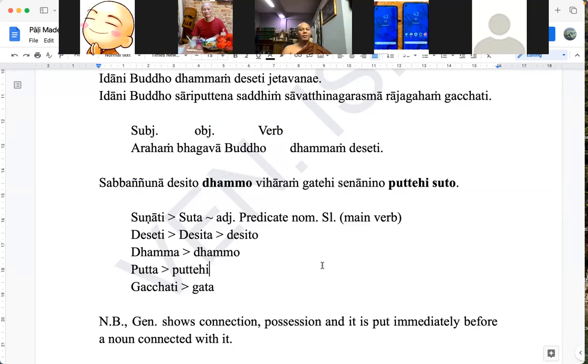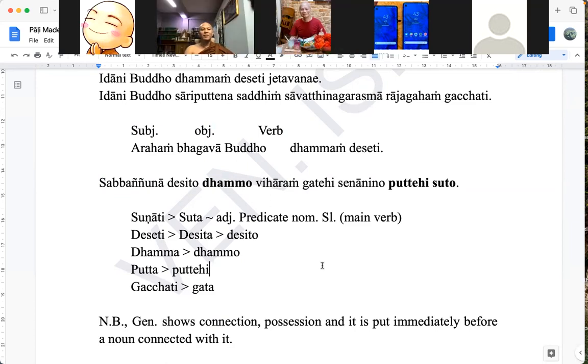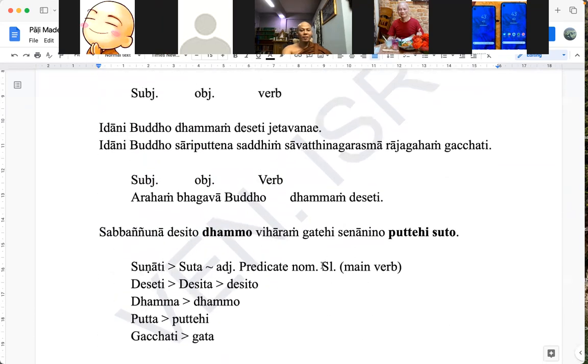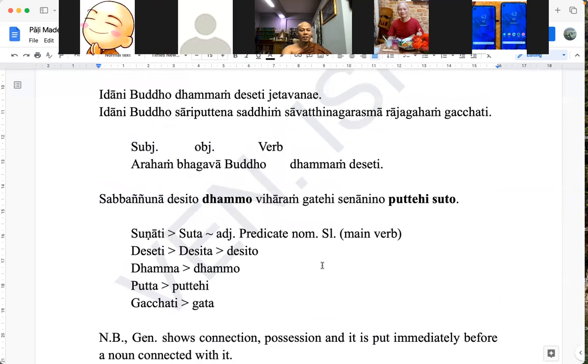Like how the Pali sentence runs very smoothly, but when we translate it into English, it sounds very wordy, right?